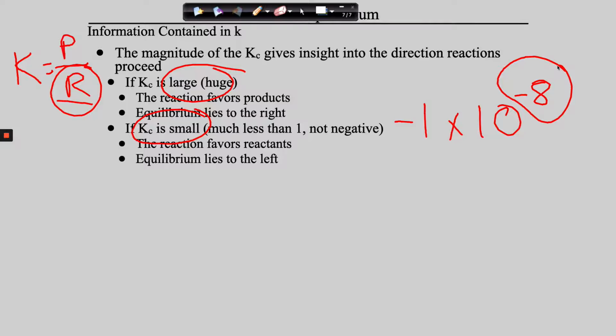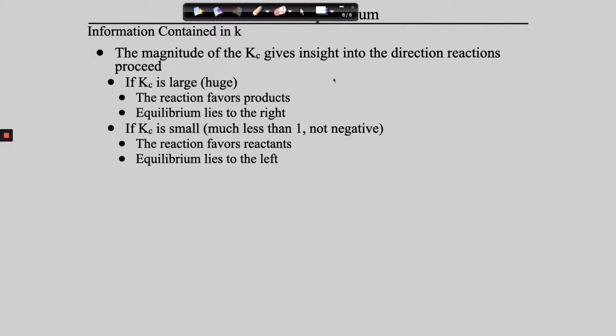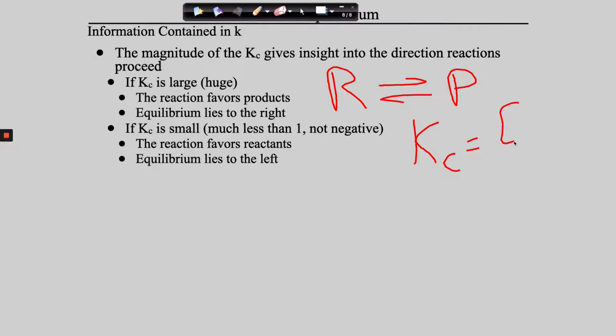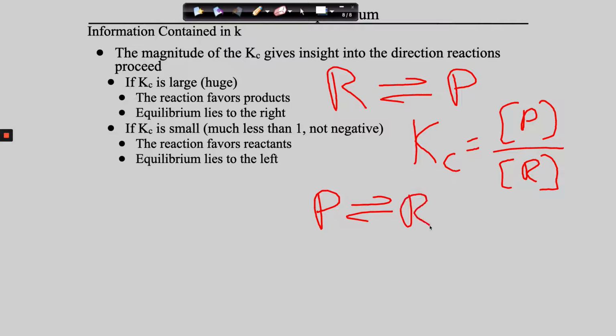So then this. Imagine we wrote a Kc value for this, where we've got reactants on the left and products on the right. That would be concentration of products divided by concentration of reactants and so on. But again, we talked about the idea that reactant and product is kind of arbitrary, because really the products are turning back into reactants. So what if we arbitrarily flip the reaction around and put the products on the left and the reactants on the right?